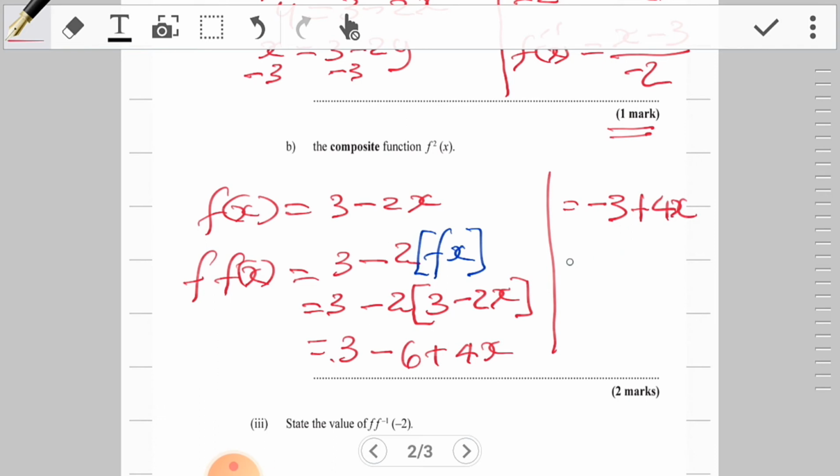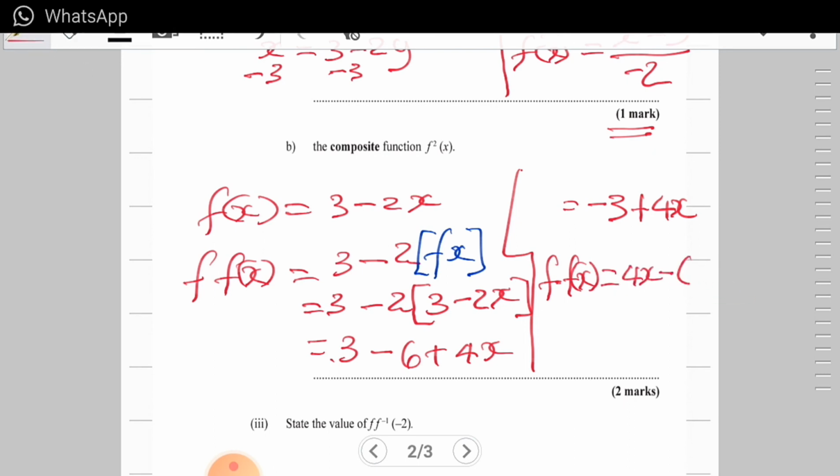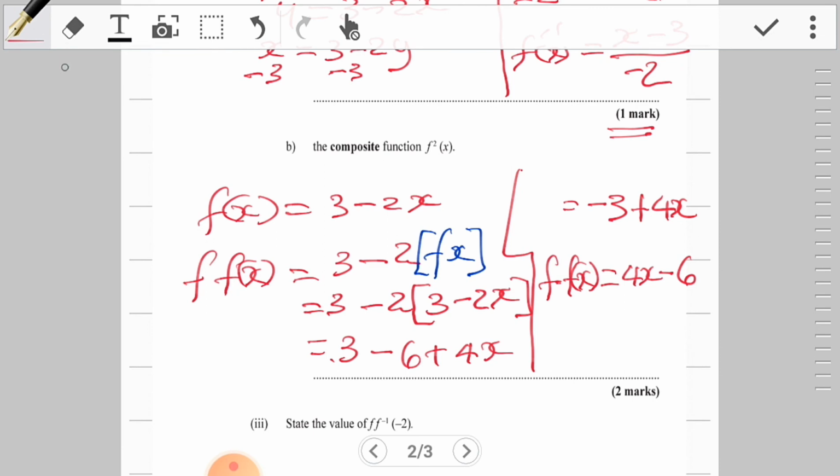So you could write it like this: 4x minus 3.